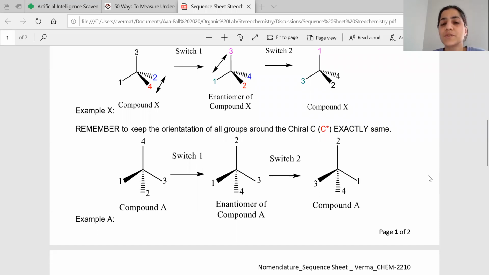Whenever you're trying to switch positions, always remember to switch twice, because the first switch that you make will create the enantiomer of the original compound. When you make the second switch, you will create the enantiomer of this compound, which is the original compound.